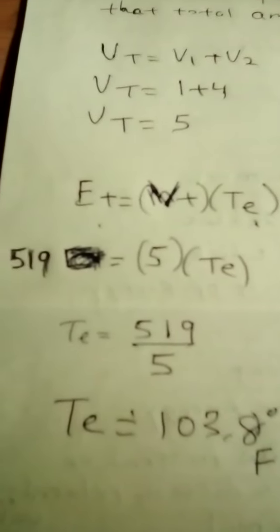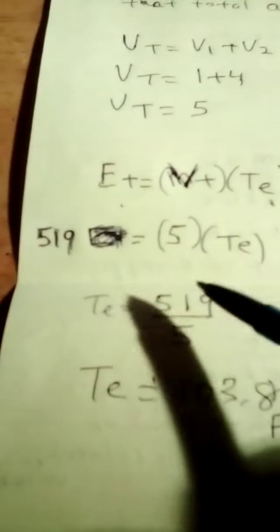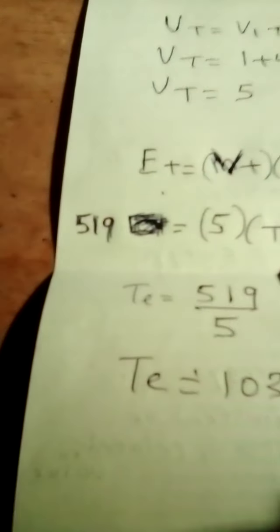Okay. So we have energy total is 519. Mass or volume total is 5. Well, I could put V_T here to make it better. Volume total is 5 times the temperature of equilibrium.